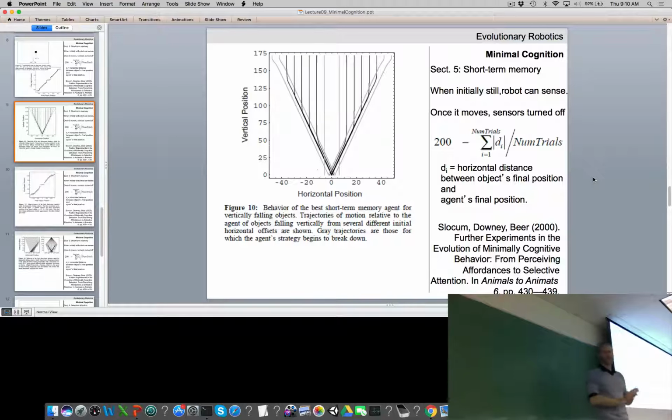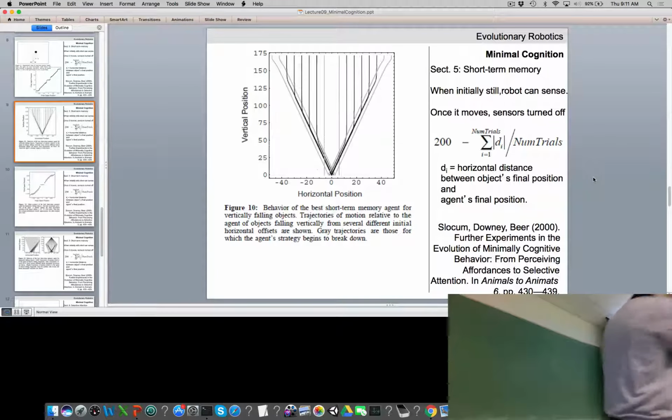So does the agent move horizontally at the same rate the object is falling? That's a good question. It's hard to see from the axes here, right? So the lines would have to have a slope of 1 or -1 to see that. They're fanning out at 45 degrees, but I couldn't really tell from the image.